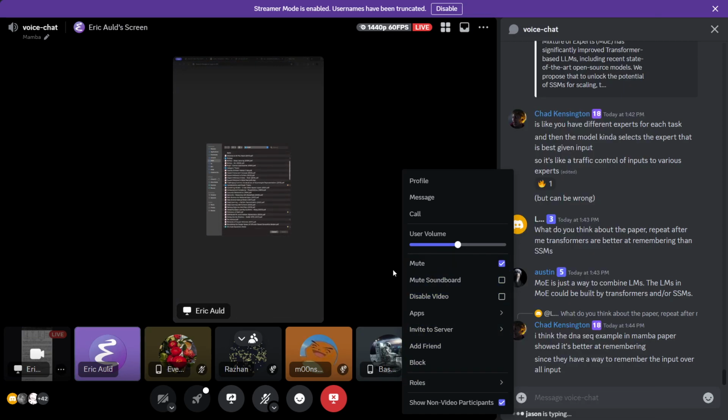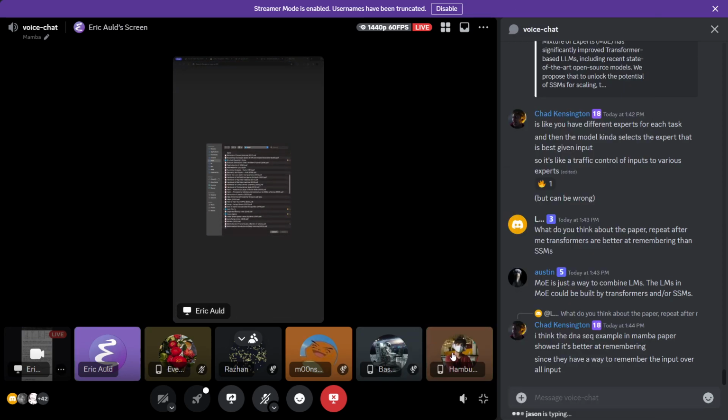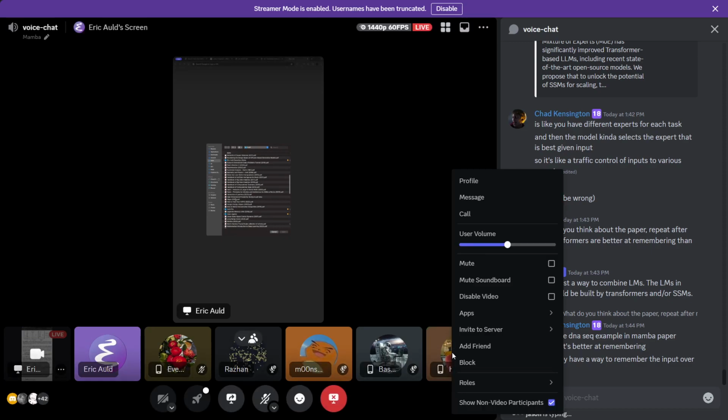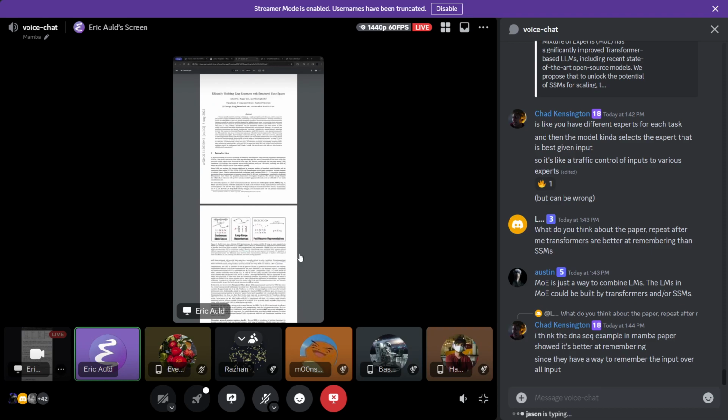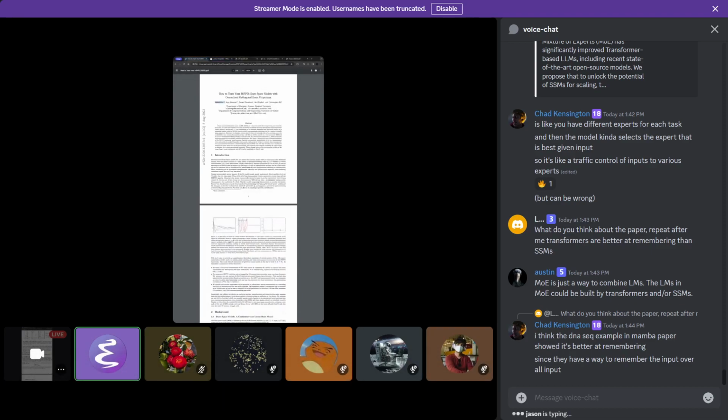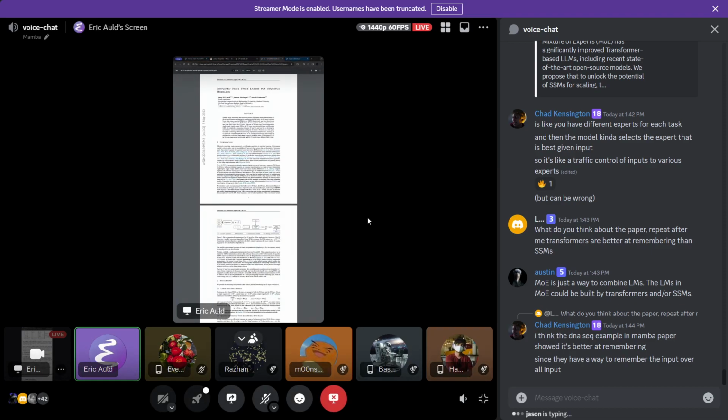Got How to Train Your HiPPO. Okay, so let's go into what the Mamba block actually is. Let's get a little more concrete in our last moments here.